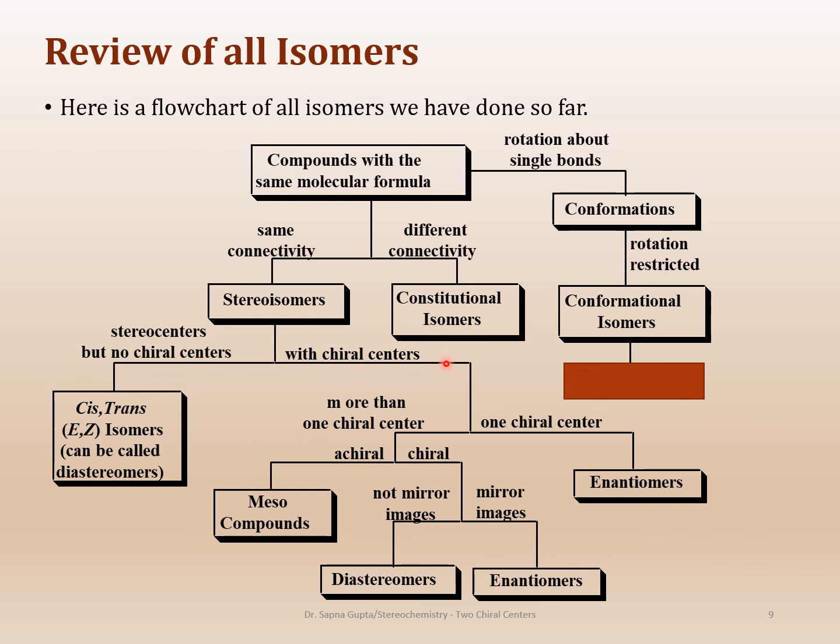If you have chiral compounds, or if you have chiral centers, excuse me, then you can have enantiomers, you can have mesocompounds, and you can have diastereomers. So if you have only one chiral center, it's an enantiomer. If you have more than one chiral center, then it can be achiral because it is a mesocompound. If it is chiral, then you have two kinds, which is a diastereomer and an enantiomer. All right. Remember, a diastereomer can also be a mesocompound. It depends. So this is a nice chart to keep handy.